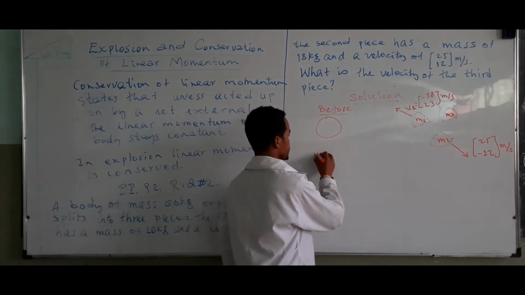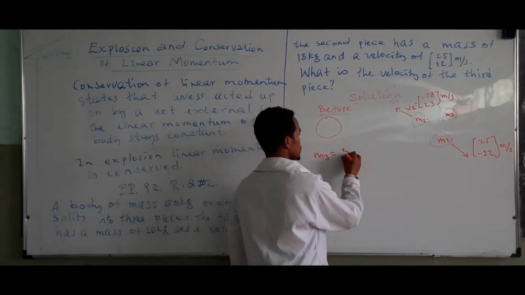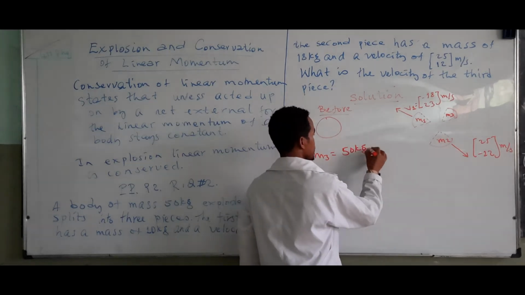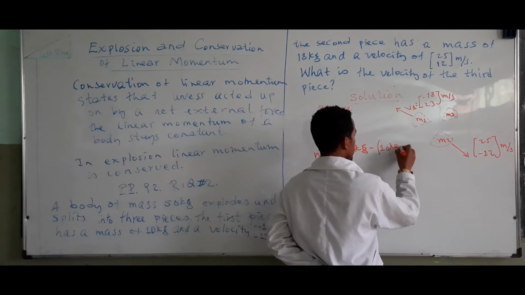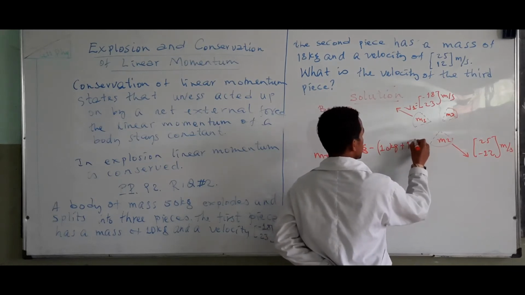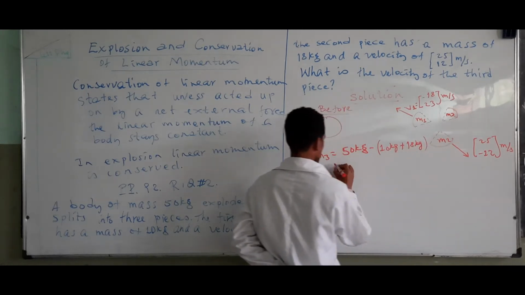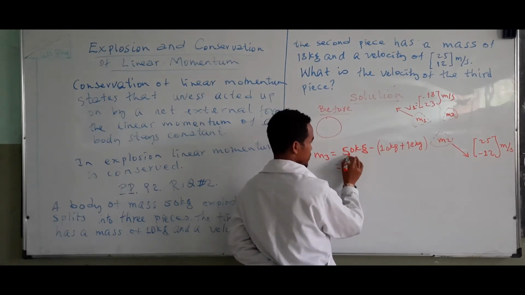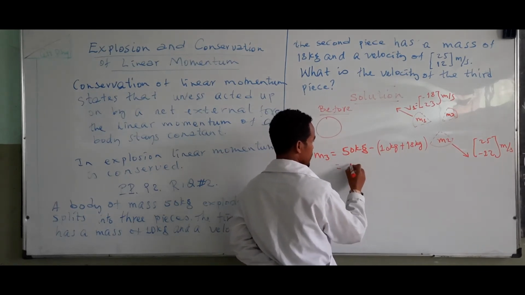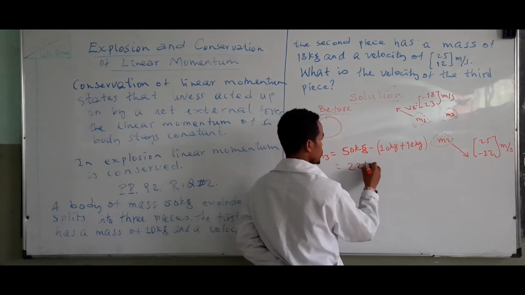Mass 3 is equal to 50 kilograms minus 10 kilograms plus 18 kilograms. These will be added together to give 28, and we will subtract it from 50. We will get 22 kilograms.